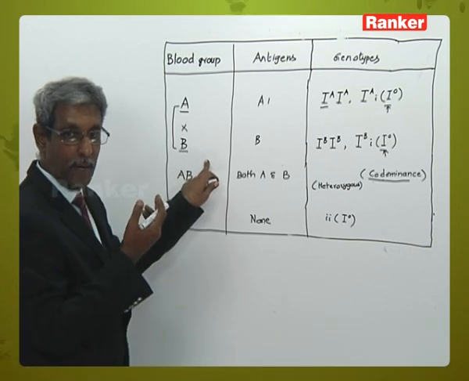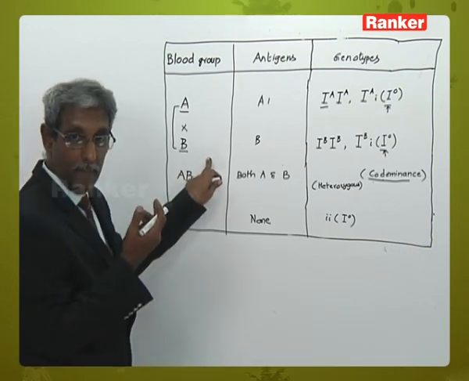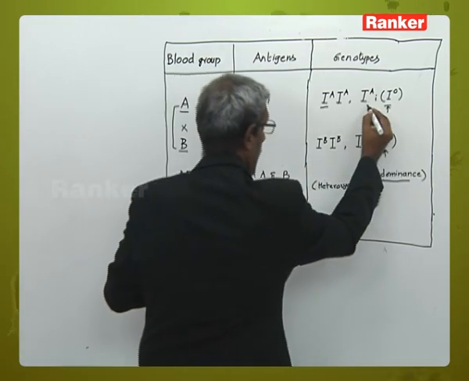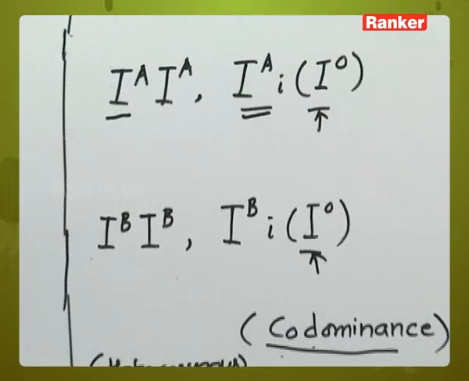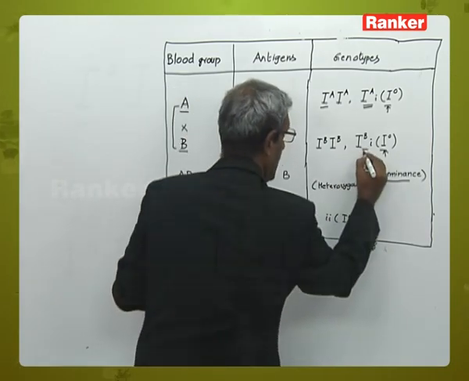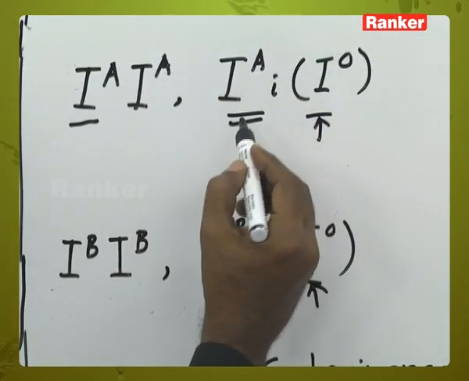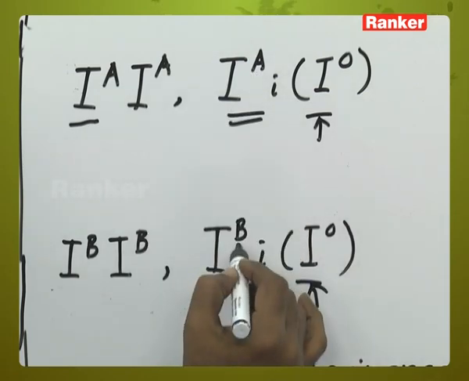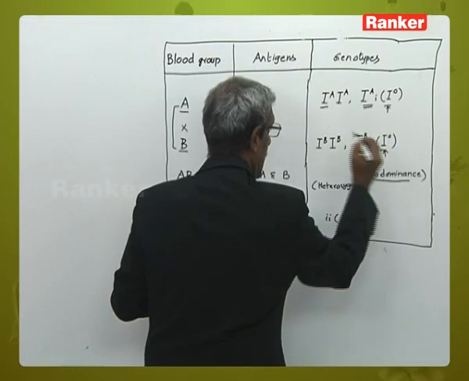The genotype of the parents can be either IA small i, or it could be IB small i. Thereby, you can get an IA, you can get an IB as well as a small ii.